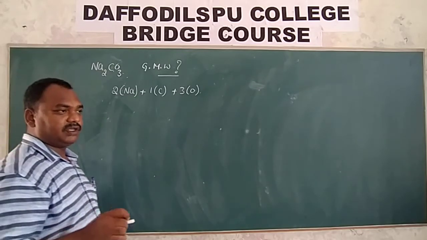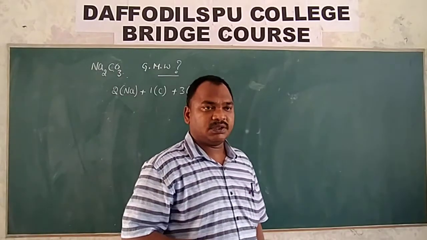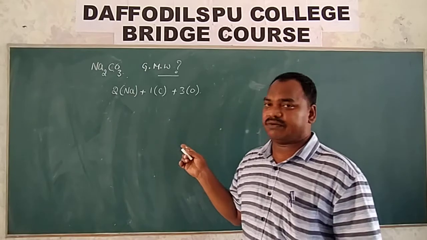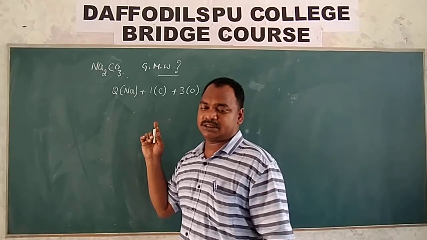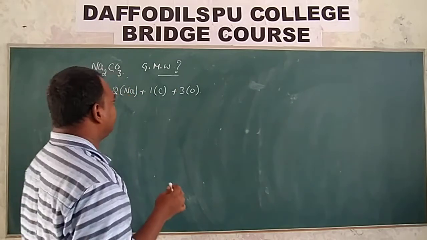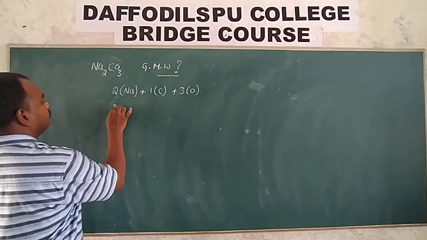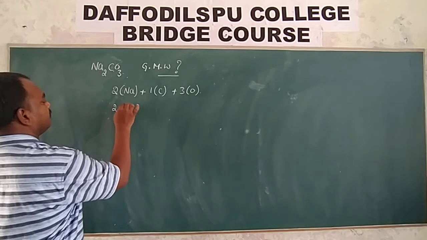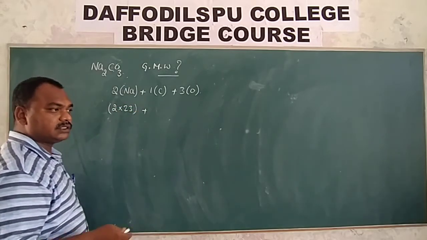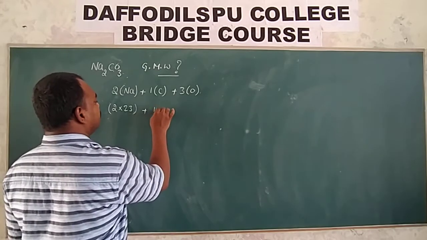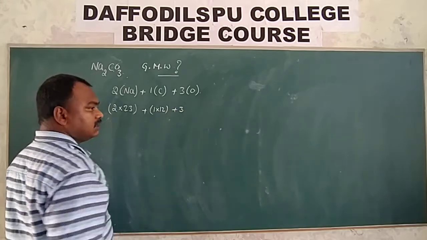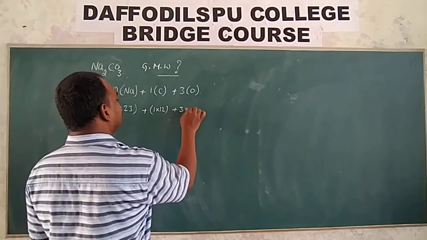Each sodium atomic weight is 23. If you don't know, go to the first class, you will see the atomic weights of all these elements. So 2 into 23 plus each carbon atomic weight is 12, 1 into 12, each oxygen atomic weight is 16, 3 into 16.